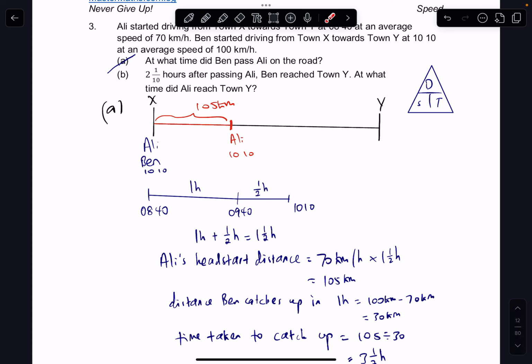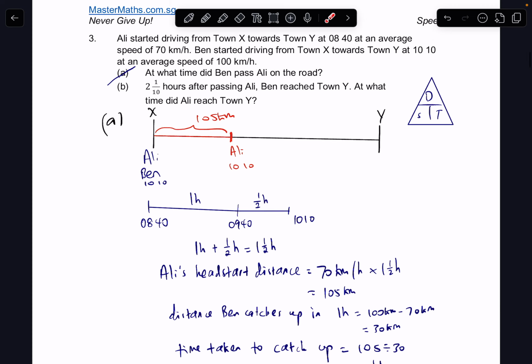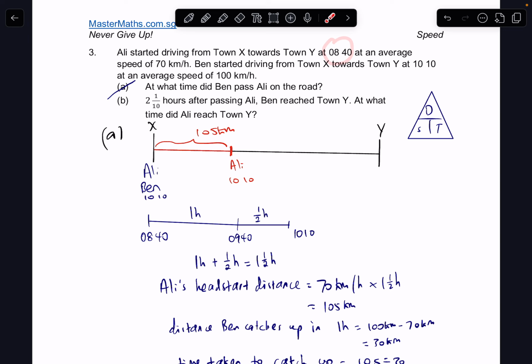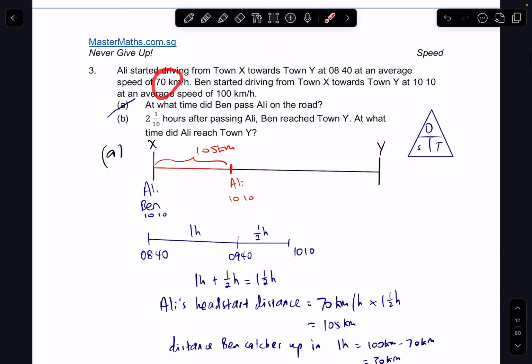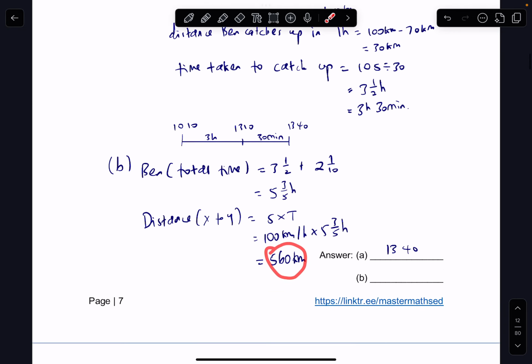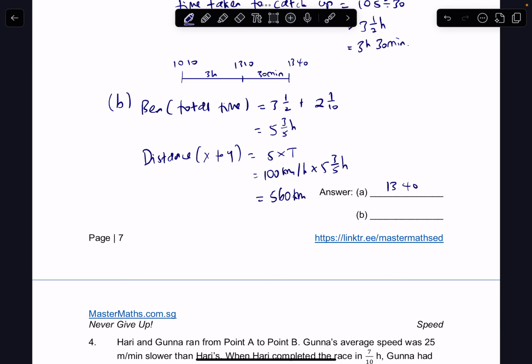At what time did Ali reach town Y? Ali started at 8:40. His speed is 70. Now I know the total distance is 560, and Ali's speed I know is 70. So let's see what's the total time taken by Ali. Distance divided by speed.